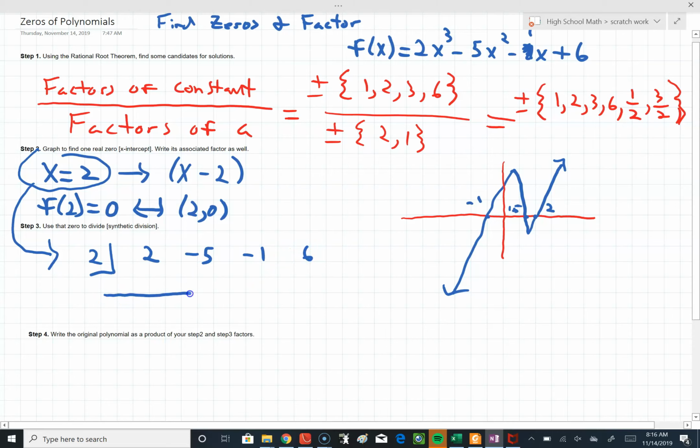Little separator line. In this process we bring down the 2. Now what? Good. 2 times 2 is 4. Summing -5 and 4 is -1. 2 times -1. Summing.